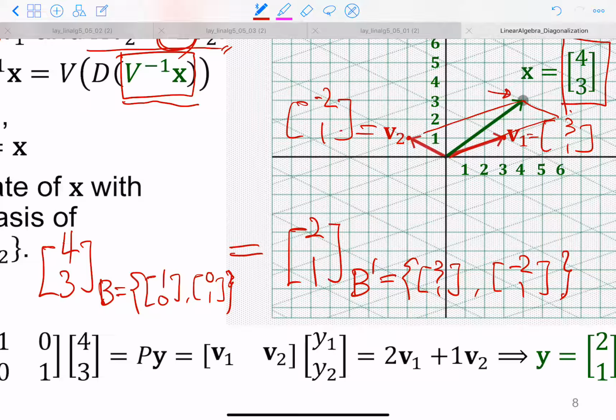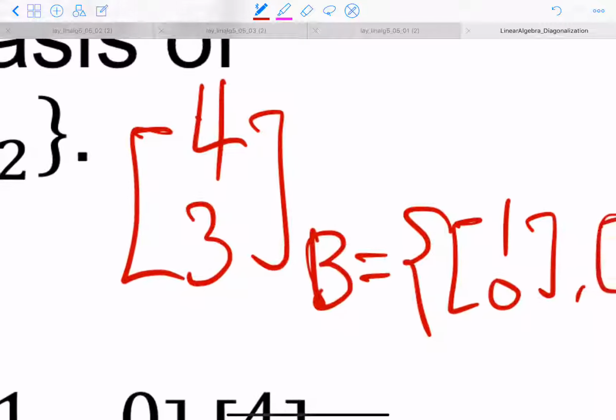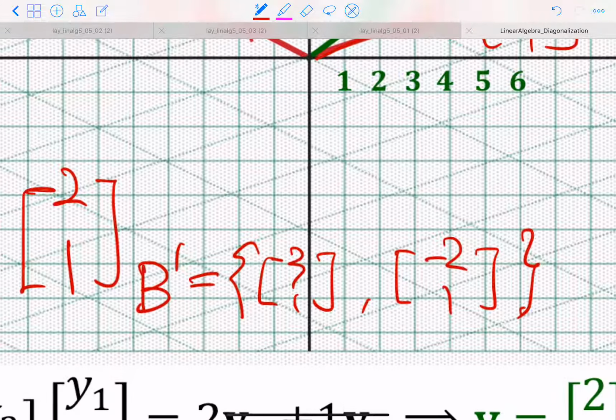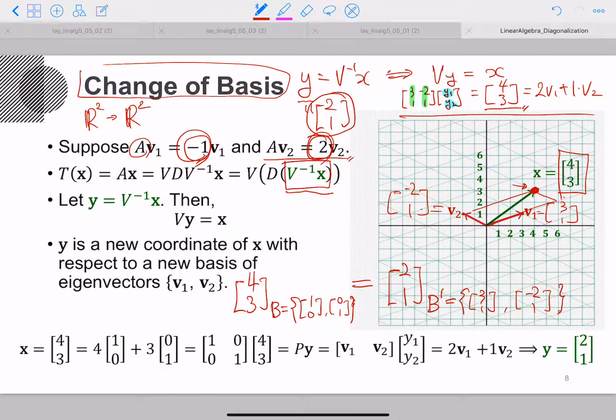We still consider the exact same point. This point is fixed, I mean, the position is fixed. But when representing that point by using the standard basis vectors of (1, 0) and (0, 1), this is the coordinate vector. When representing it by using the new basis of eigenvectors, the coordinates change into these two values.